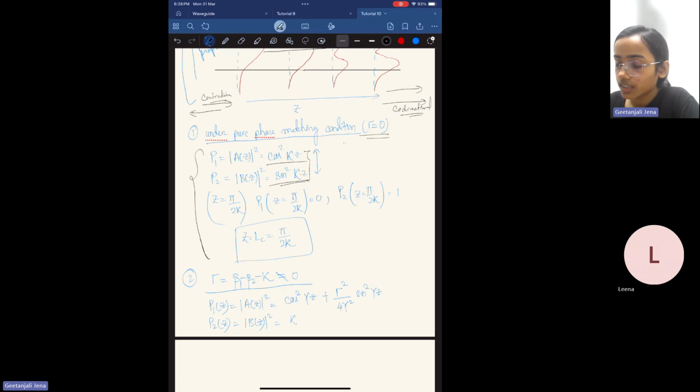If we put kappa Z equal to pi by 2, at this distance power P1 will be 0 and power P2 will be 1. That means this is the coupling distance.